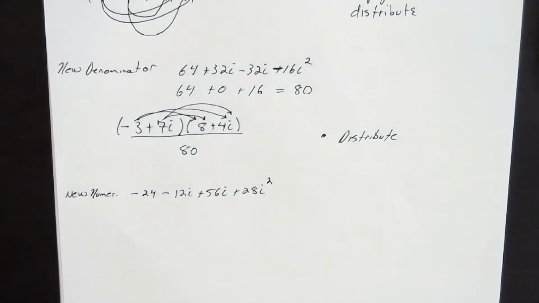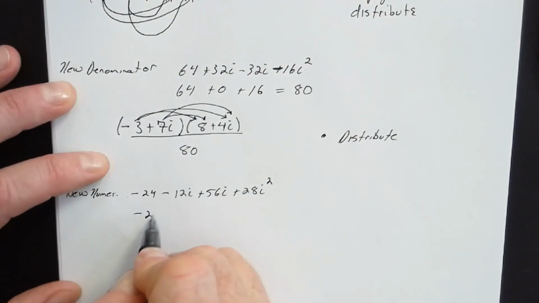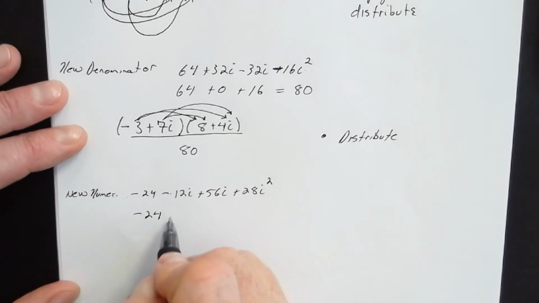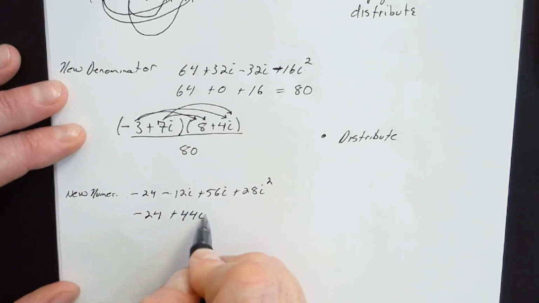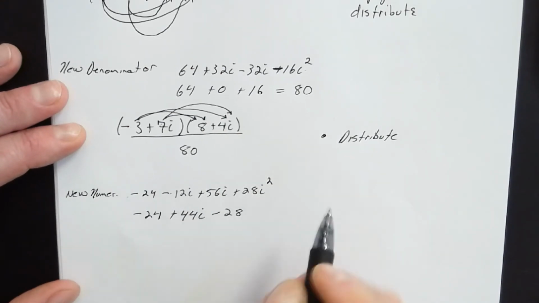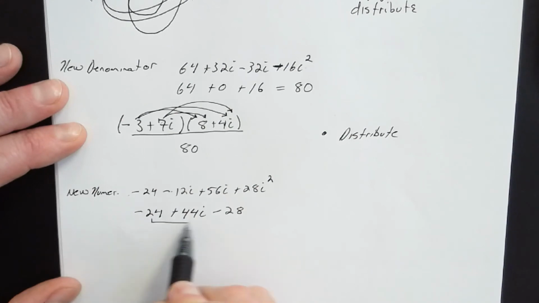So when we start combining like terms, we have minus 24 plus 44i minus 28.